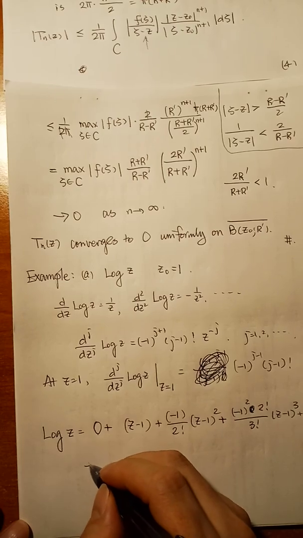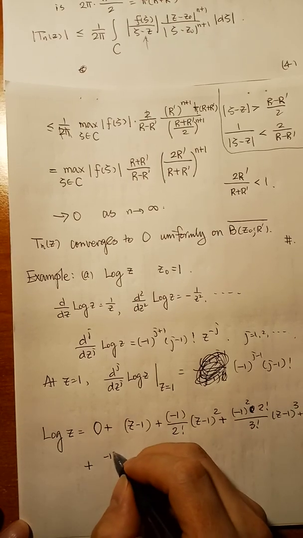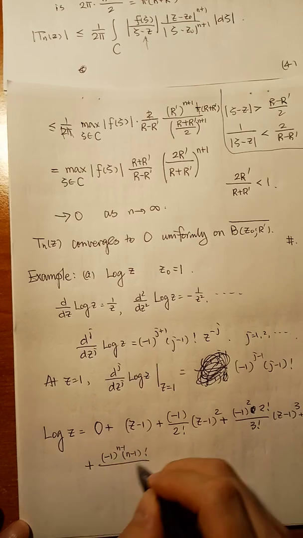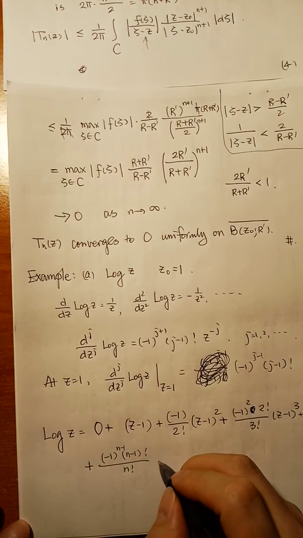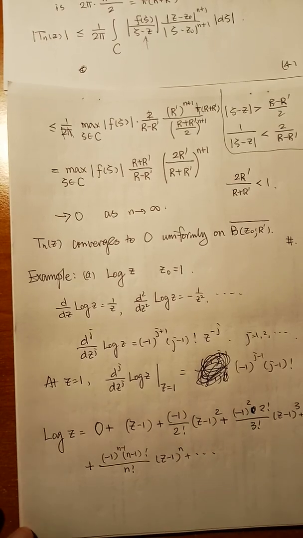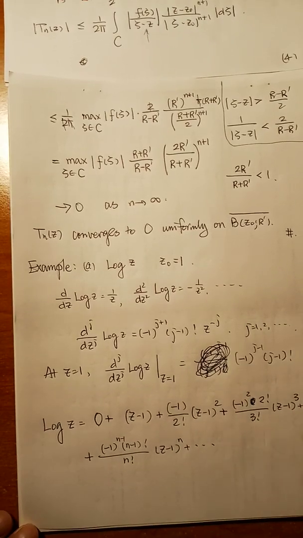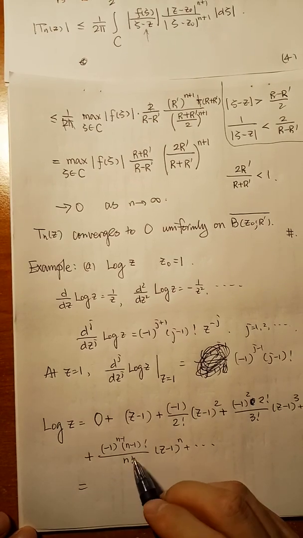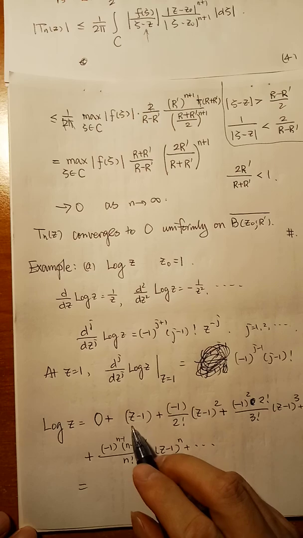So eventually, you will get negative 1 to the power n minus 1, times n minus 1 factorial over n factorial, and z minus 1 to the power n. If you write a few terms, you will see, first of all, most of the factorial factors cancel, so you only have denominator n. It's alternating.